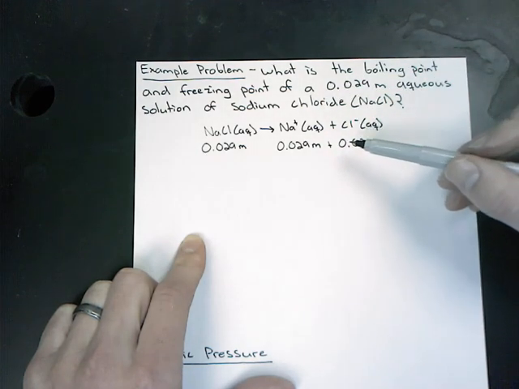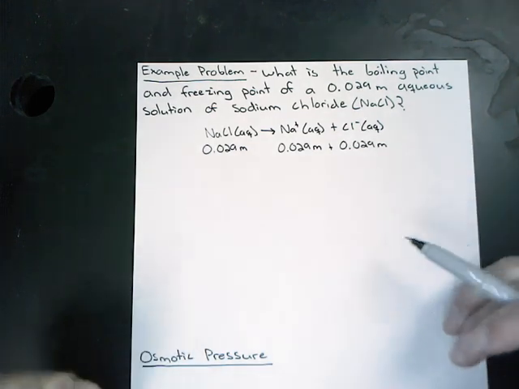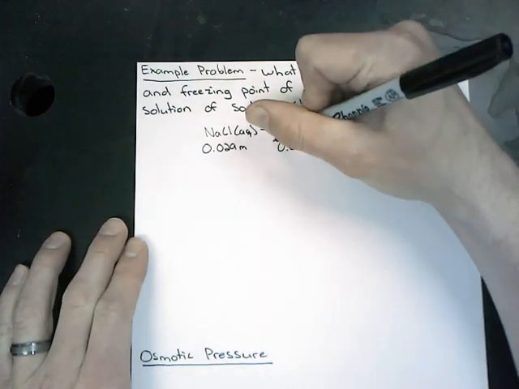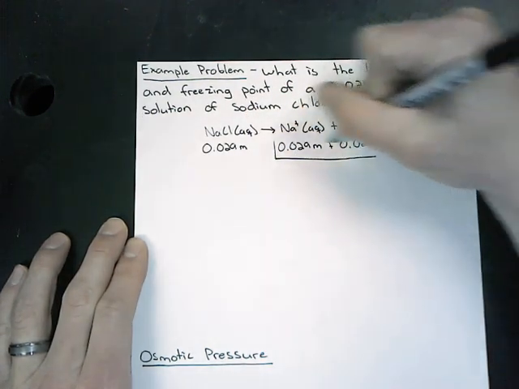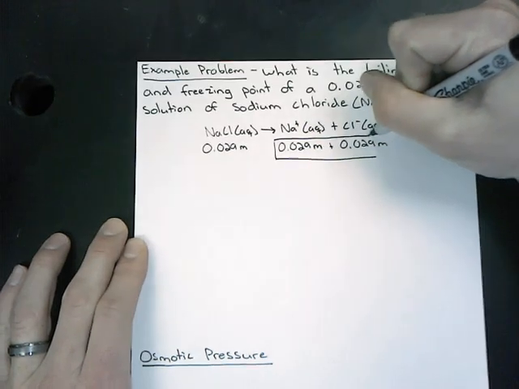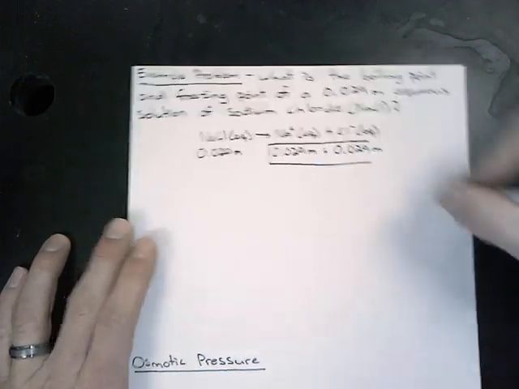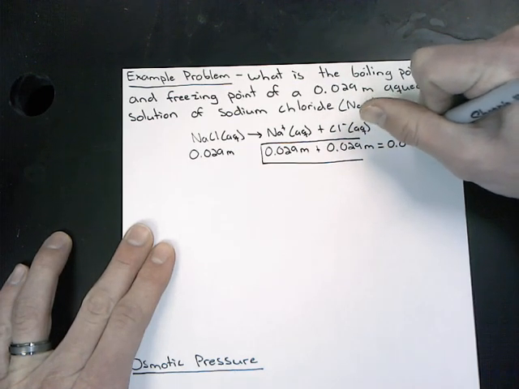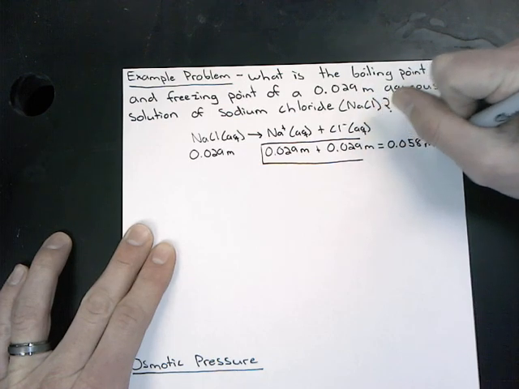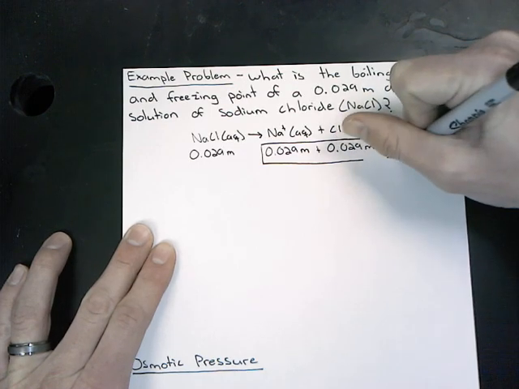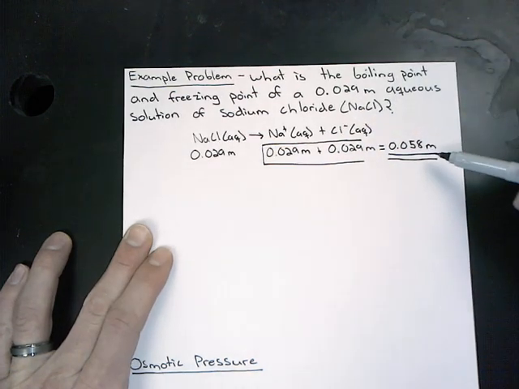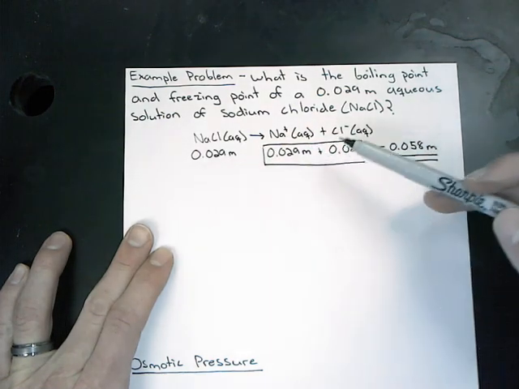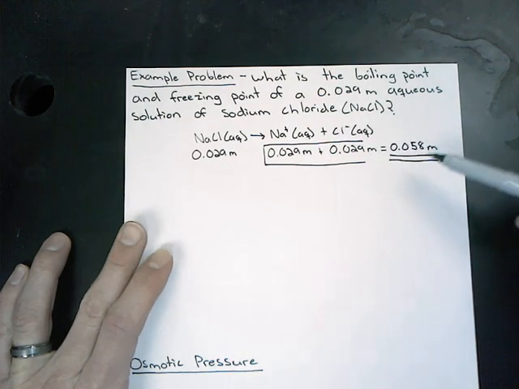So when we use our molal in our freezing point depression and our boiling point elevation, what we're going to have to do is add these two numbers that I'm boxing in together. So when we add these two numbers together, we end up with a total molality of 0.058 m. So what we are going to have to use whenever we refer to molality is 0.058, and that's because NaCl broke into two different pieces. That's why this number doubled.